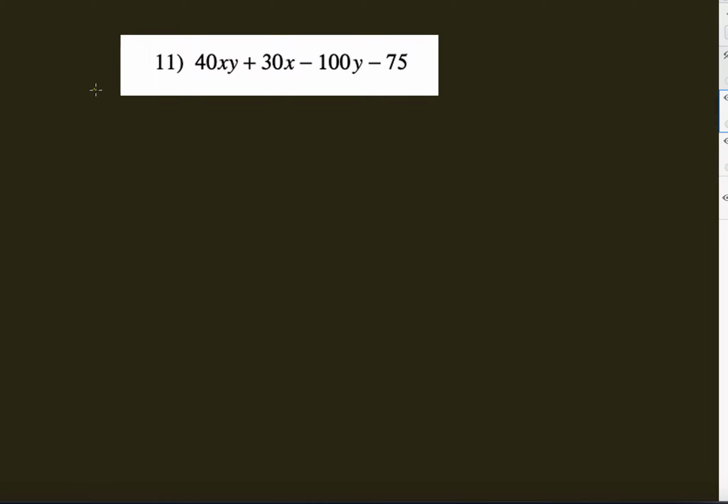We could factor this down a little bit, but why work so hard when we don't have to? Let's go ahead and rewrite this. It's 40xy plus 30x minus 100y minus 75.